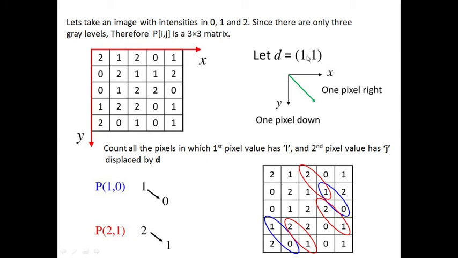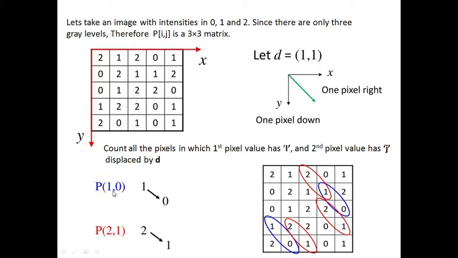This is my pixel pair. Now P of 1, 0: here 1 is I and 0 is J. That means the first pixel is I, and the second pixel is J, which are displaced by D units.